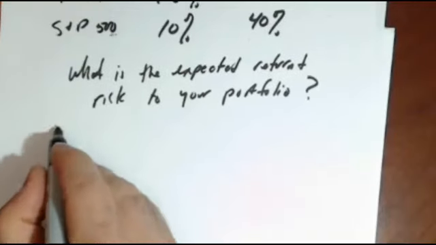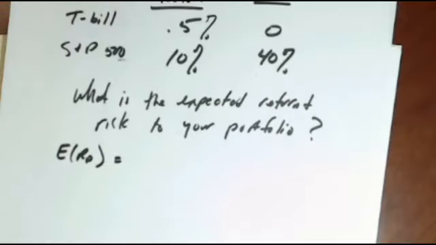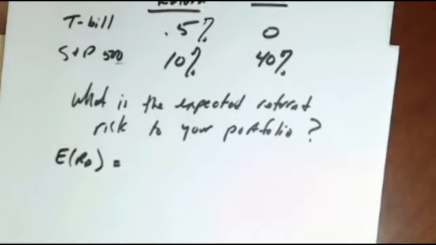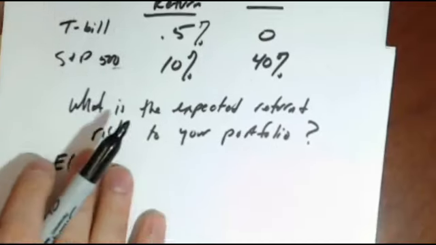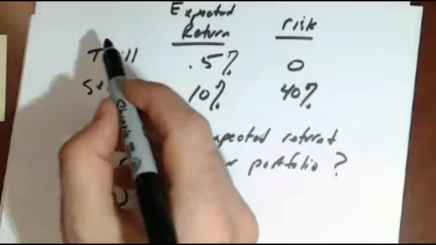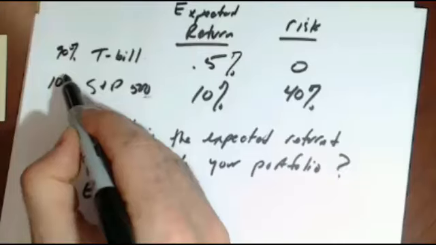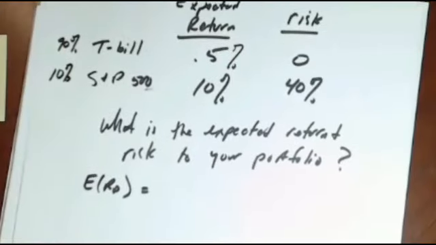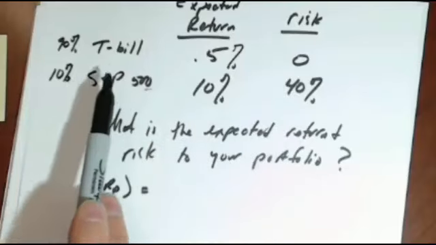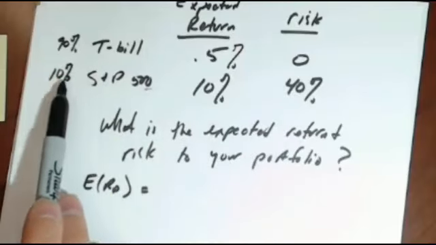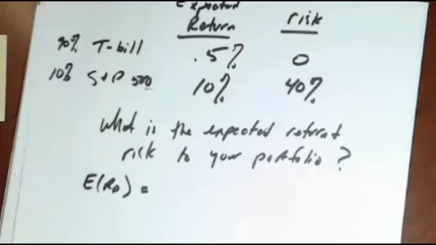The expected return on the portfolio is, well, before you go any further, I need to tell you how much weight you are putting in each of these securities. Let's say we put 90% in the T-bill and 10% in the stock market, because we're a little nervous. That number is kind of big, so we're going to shy away and put less weight into the S&P 500 and a lot in T-bills.